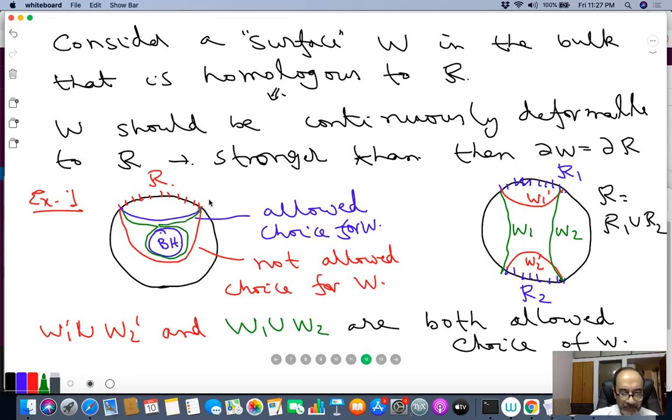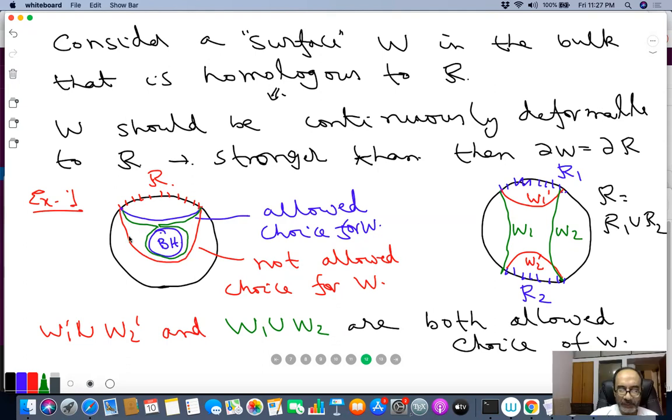So this part can be deformed to R, right? But this is left over.